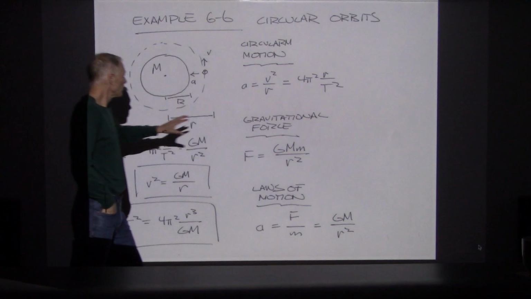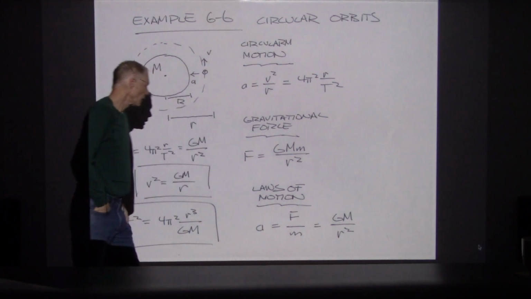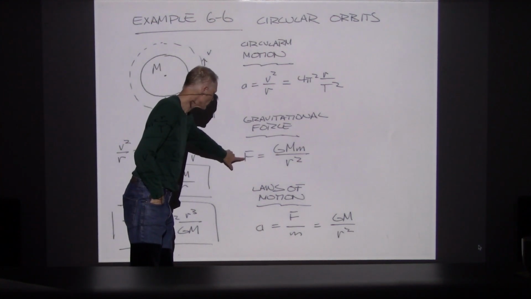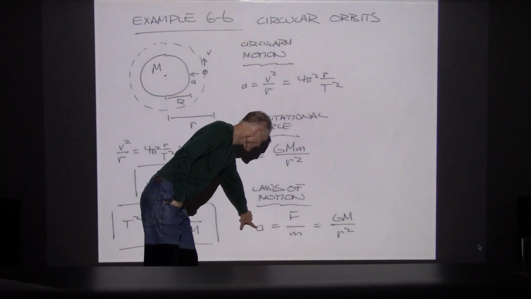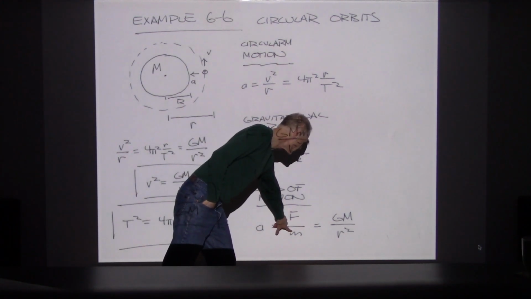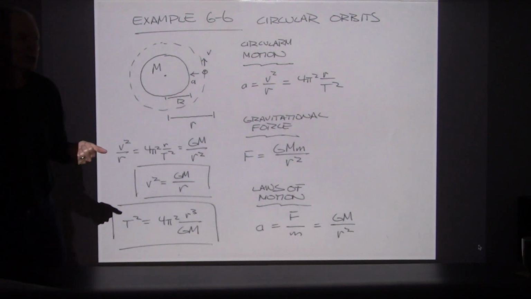So putting these two formulas together, well, let's do this first. From the laws of motion, we can say that the gravitational force will result in an acceleration. And that acceleration is given by F over m, and that's given by big G, big M over the distance squared.